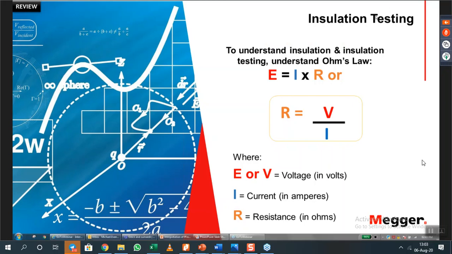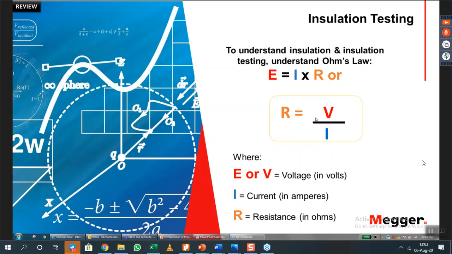So to review first, this DC insulation testing is basically from Ohm's law. We all know that the voltage is equal to current times the resistance. Since we are getting the insulation resistance, R is equal to voltage divided by the current.